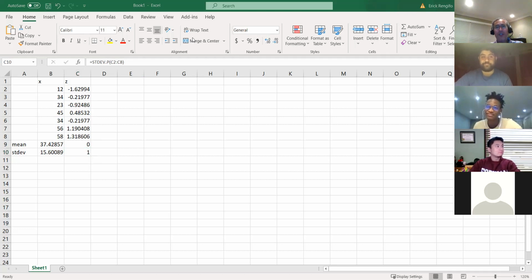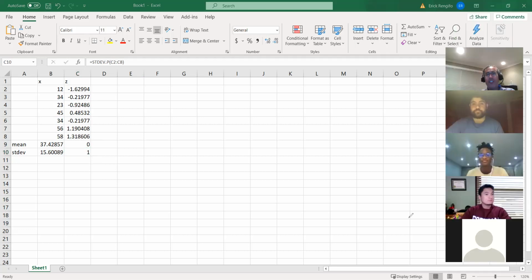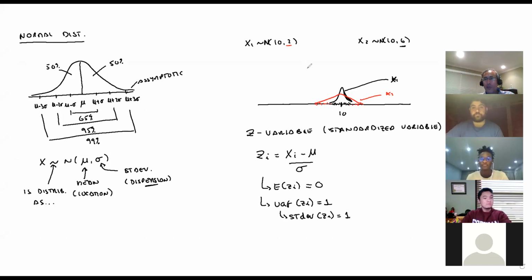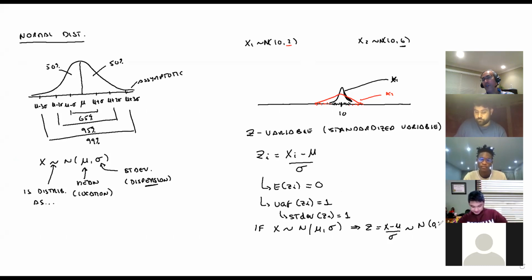Okay, so let's go back to this part here. And the other property, guys, that is extremely crucial is the following. If X is normally distributed with parameters mu and sigma, then Z, that is equal to X minus mu over sigma, is going to be a normal 0, 1.